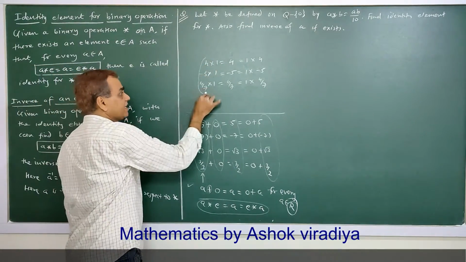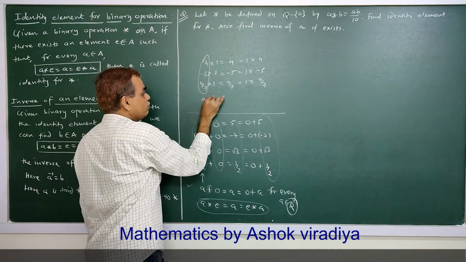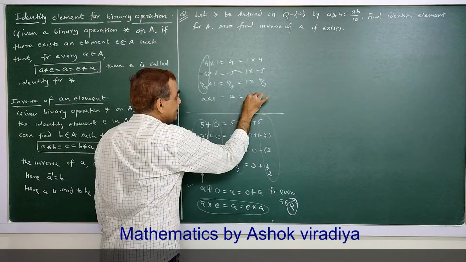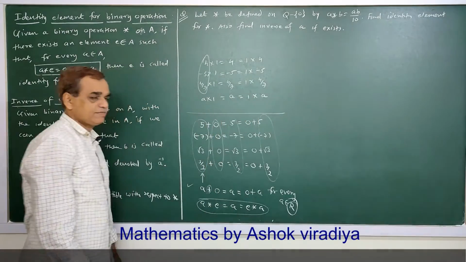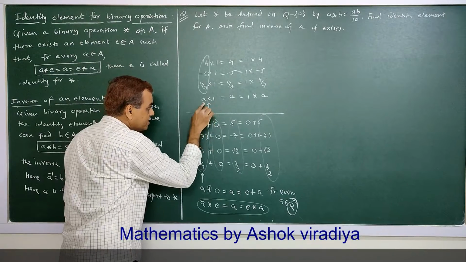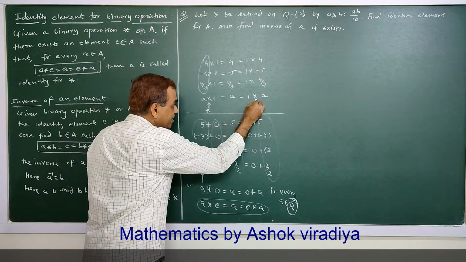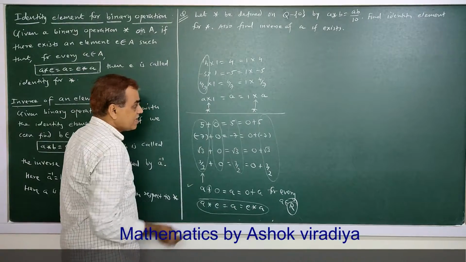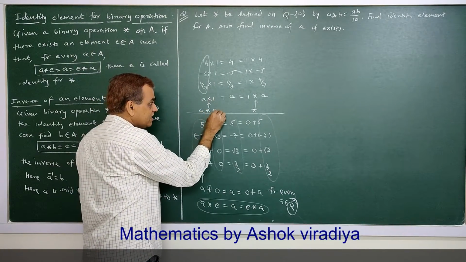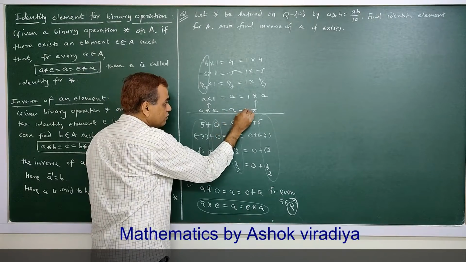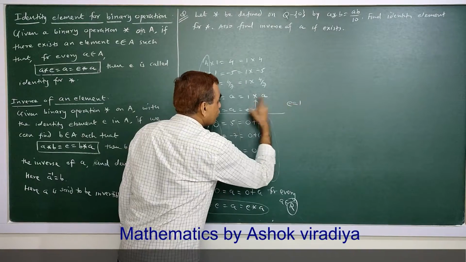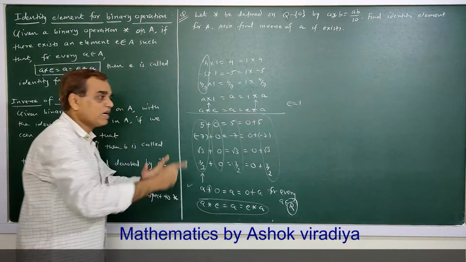So this is A. A into 1 equal to A equal to 1 into A. Now see, here binary operator is multiplication, and this is E. A star E equal to A equal to E star A. So what is E here? 1. In this discussion, E is 1.